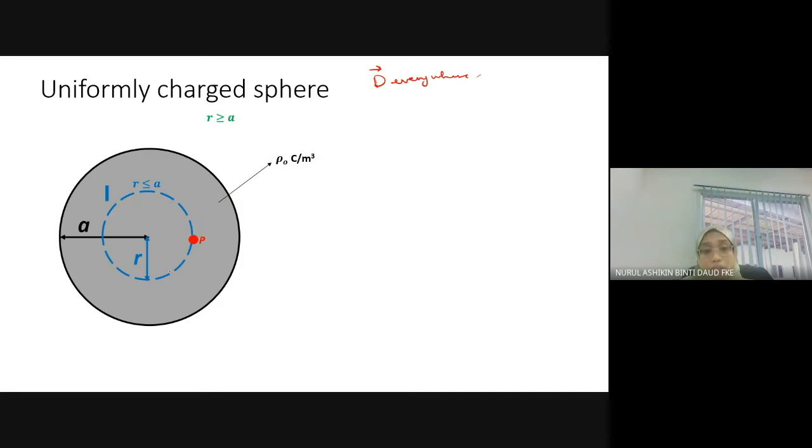My Gaussian profile passes through point P, so it has a radius of r based on this point P, and it can vary when I change point P. It will be different if I put my point P here; r will be based on this point P. I make a condition for this region 1, where my solution is true when r is less than or equal to a. I could also make r strictly less than a, so you are the one who sets this limit.